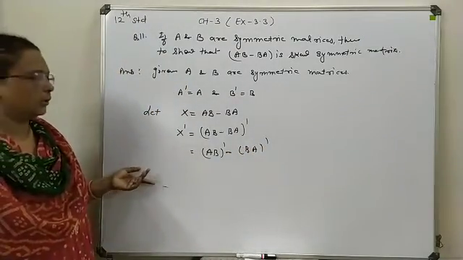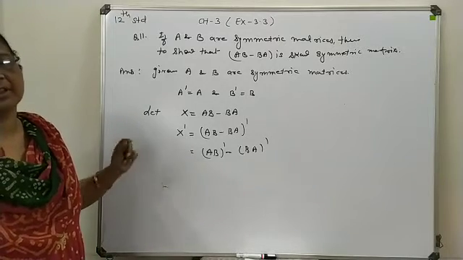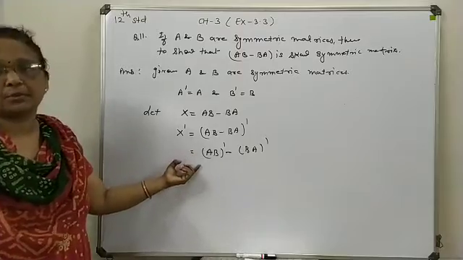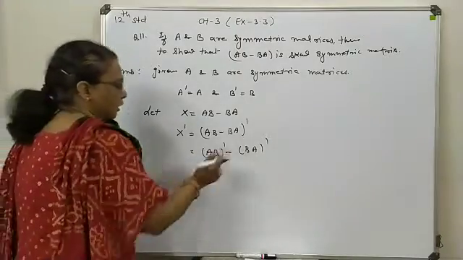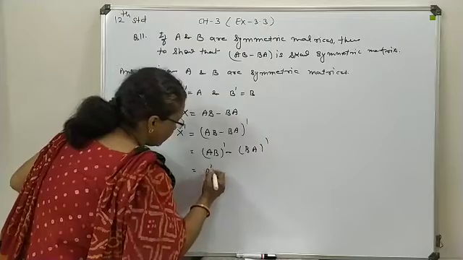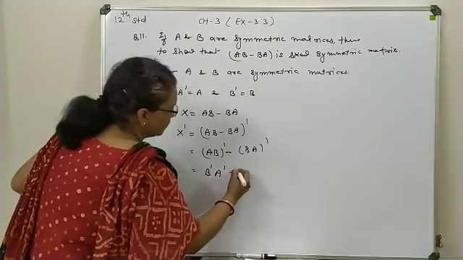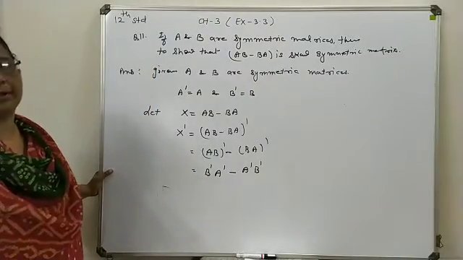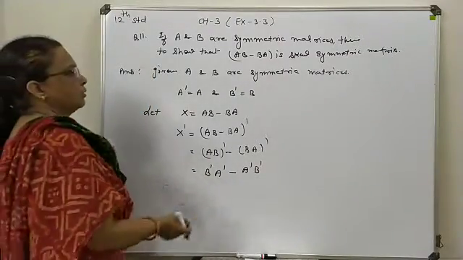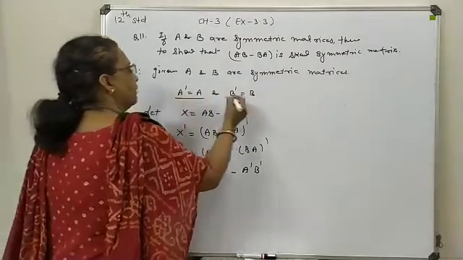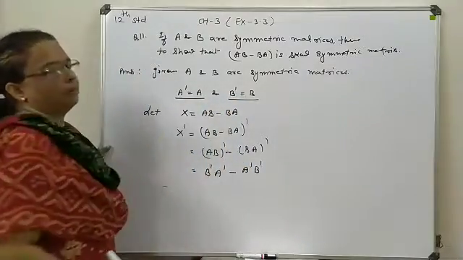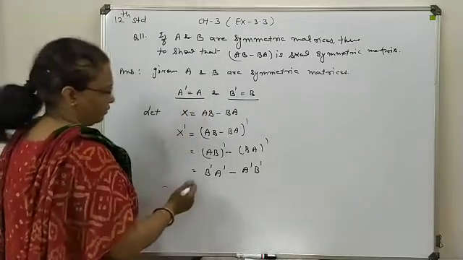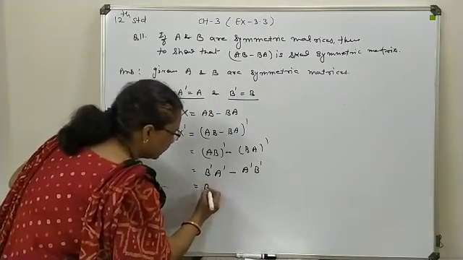We have studied the property of multiplication in which the terms exchange their positions on taking the transpose, so these are written as B dash into A dash, and the same over here. Now all the terms are converted into transpose form. Since A and B are symmetric, the transpose forms can be replaced with the original forms. So this can be written as B A minus A B.